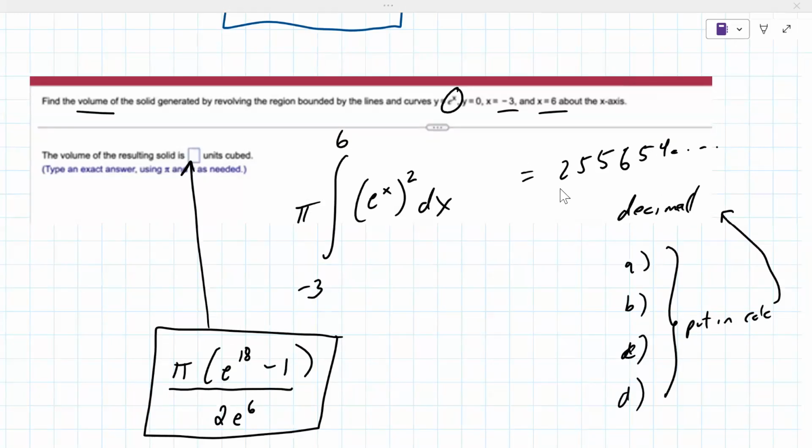It'll be really close. Any questions on that? No, that makes sense.